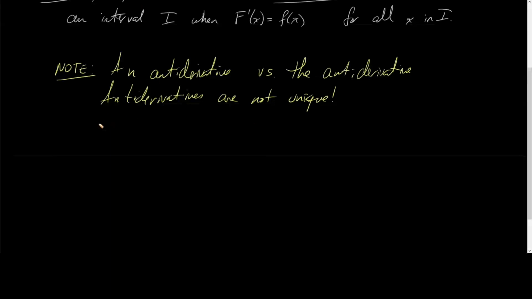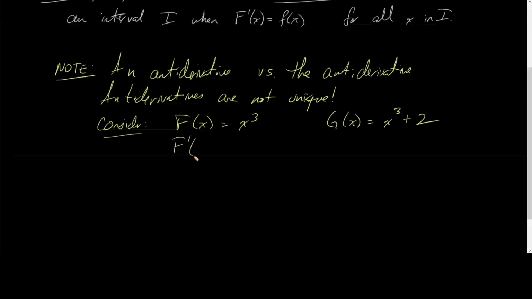Take, for example, consider this function F of x is equal to x cubed, and also this other function G of x is equal to x cubed plus 2. If I take the derivatives of these, what do I get? Capital F prime of x would be 3x squared.